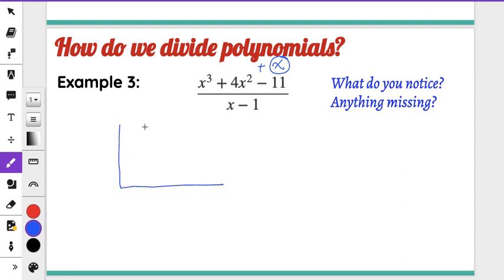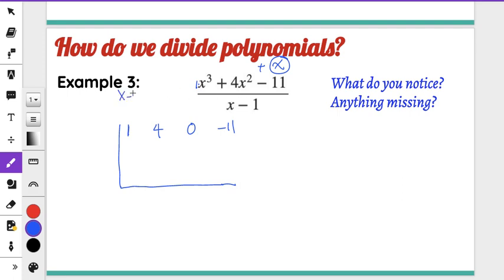And then I'm going to write down the coefficients. The x to the third coefficient is 1. And then continue, it is 4. Since I do not have any term with the variable x, the coefficient for the x term is going to be 0. Then continue, the constant term is -11. So that's the only difference here. 1, 4, 0, then -11.